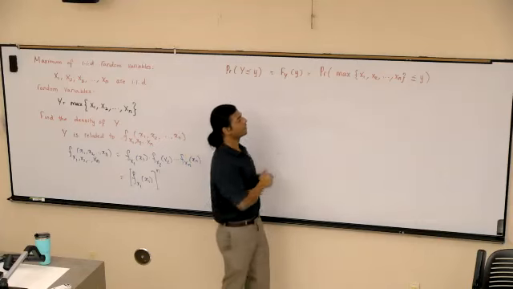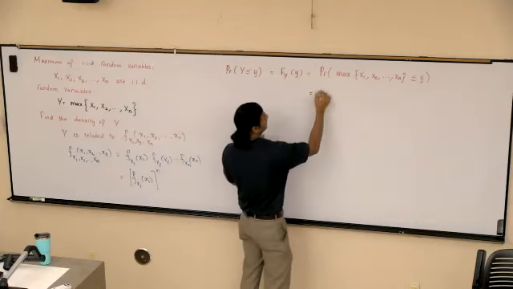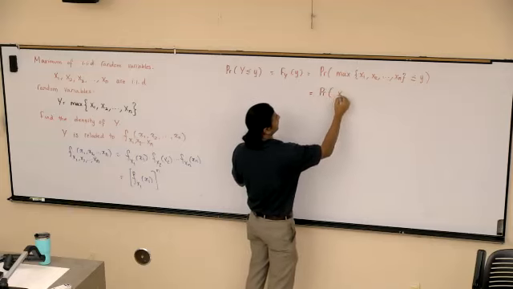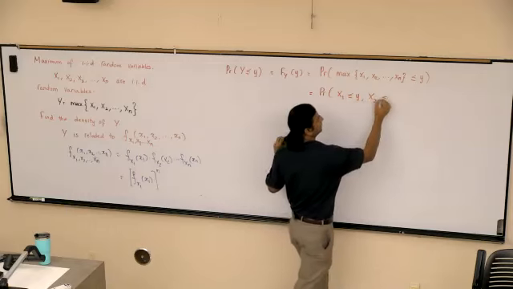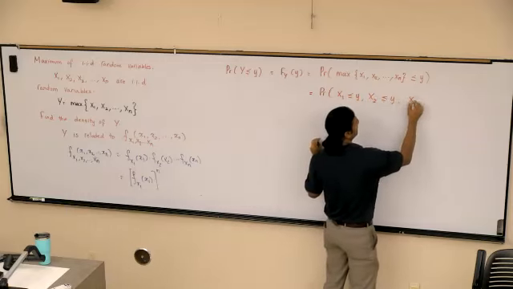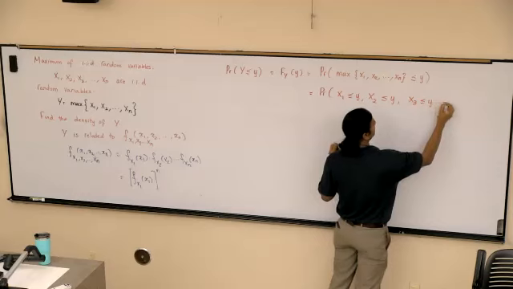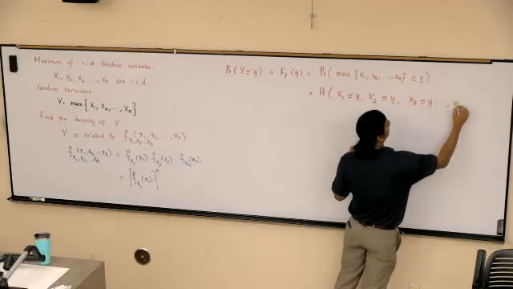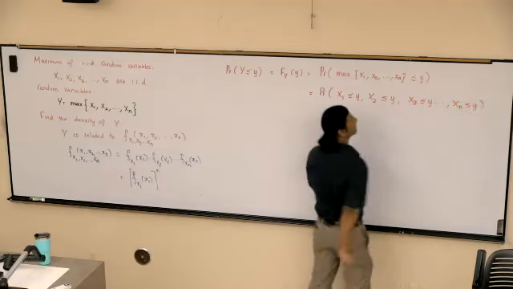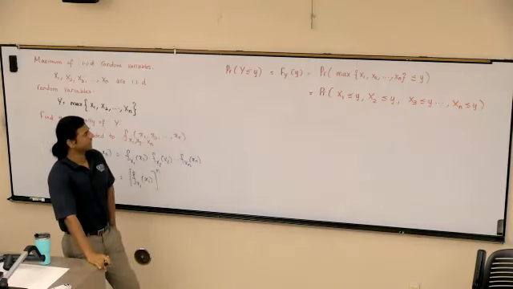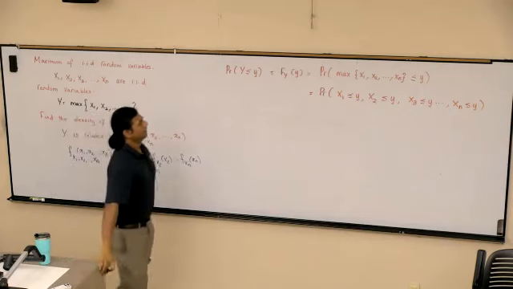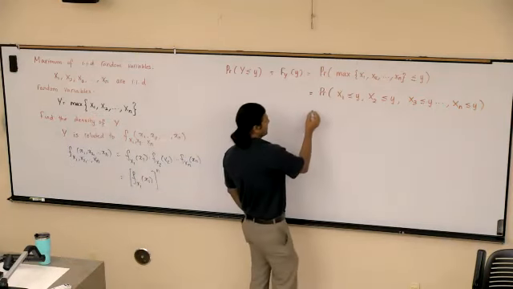So this would simply reduce to x1 less than or equal to y, x2 less than or equal to y, x3 less than or equal to y, all the way xn less than or equal to y. I could have used x, but better to use a different random variable.